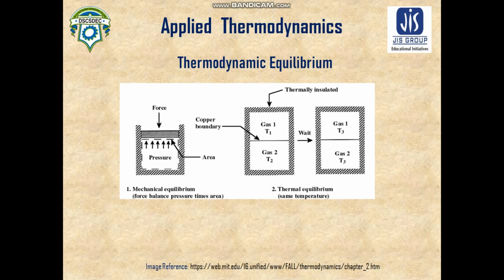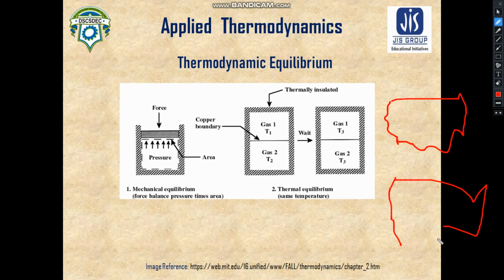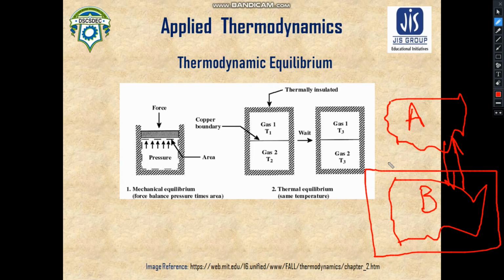Suppose this is system A and this is system B. Some kind of interaction was going on. Now you have separated these two.